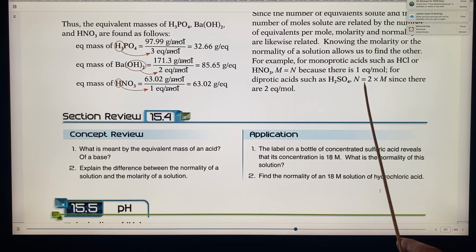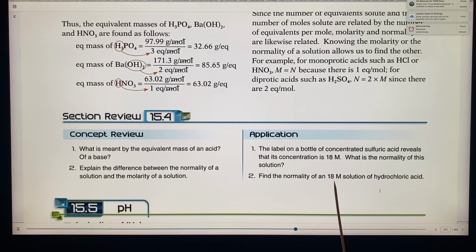It has 2 equivalents per mole. So we take its concentration, now 18 molar, and we're going to have to multiply that by 2. So we're going to get 36 because it's 2 equivalents per mole. So it's going to be 36 normal, because it's diprotic. Now, what is the normality of this solution?